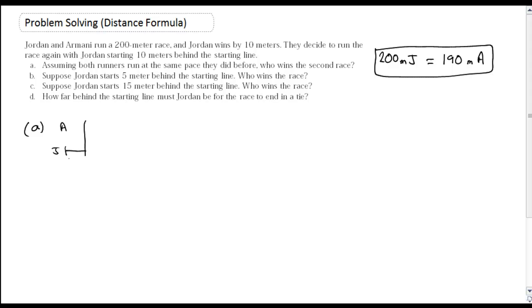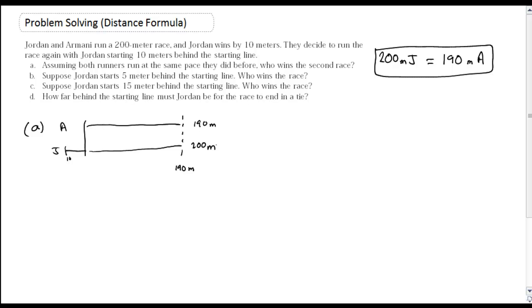Now Jordan is actually 10 meters behind. So here goes Armani. He's running. Now out here at this point in time, let's say at 190 meters, Armani has run 190 meters. And Jordan has actually run 200 meters.